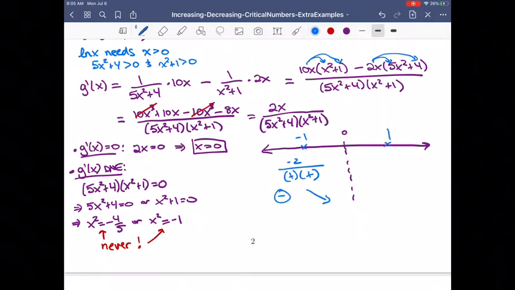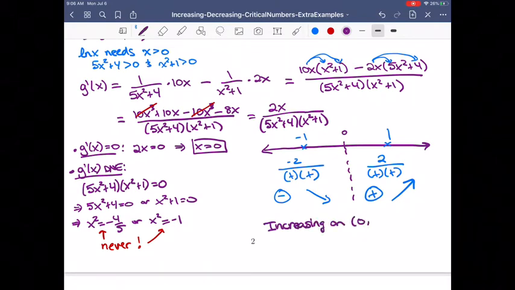And when we're bigger than 0, I'm going to have positive 2 on the top over two positive numbers multiplied together. This is going to be a positive, so I'm going to be increasing there. So we're increasing on the interval from 0 to infinity and decreasing on the interval from negative infinity to 0.